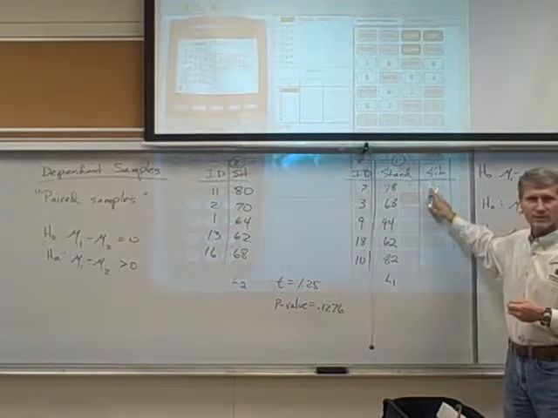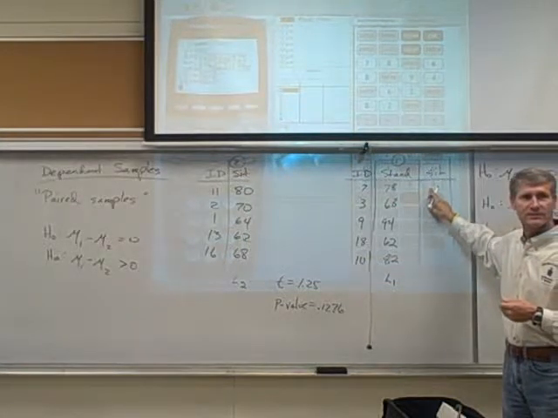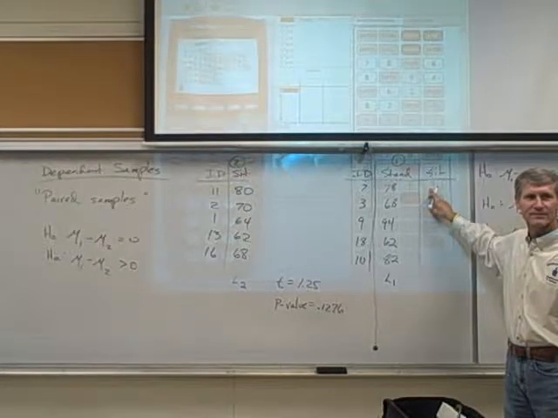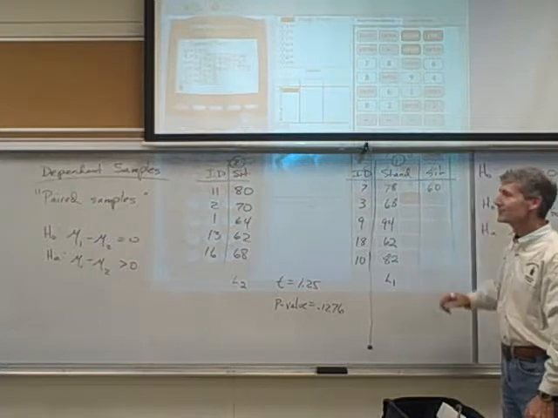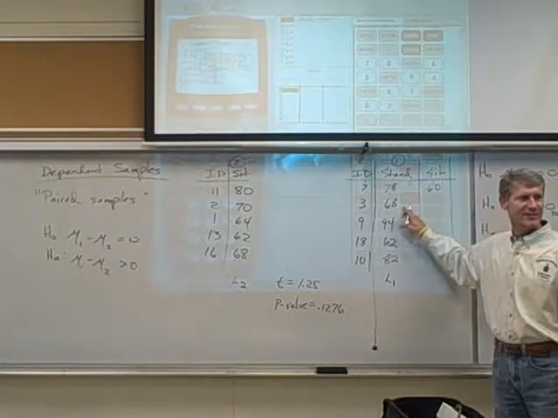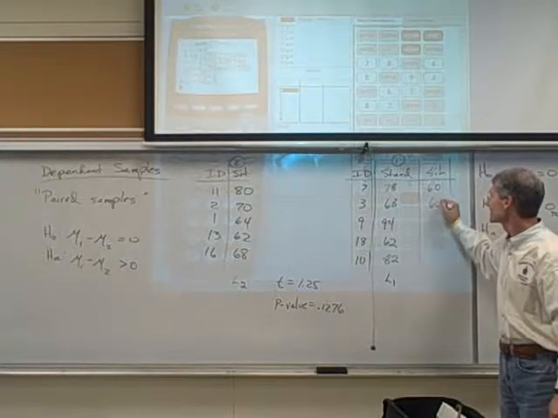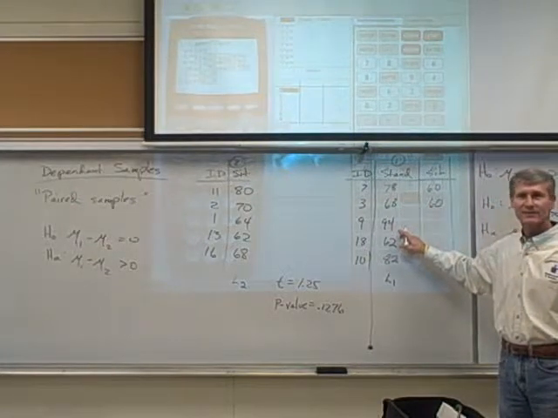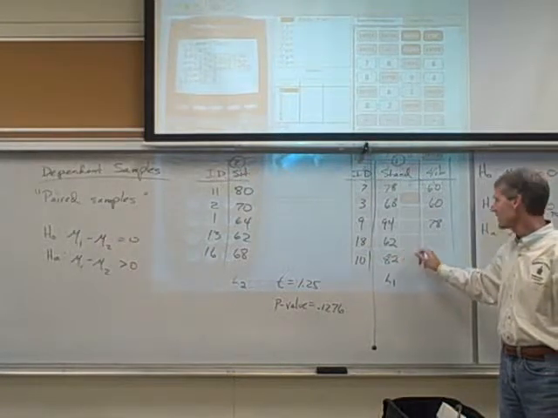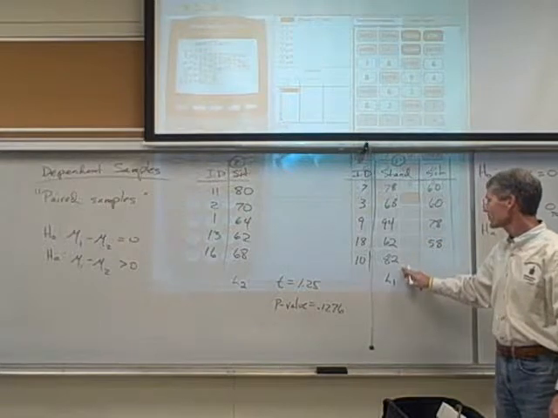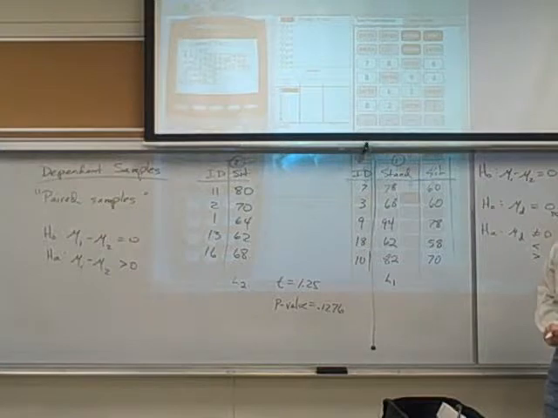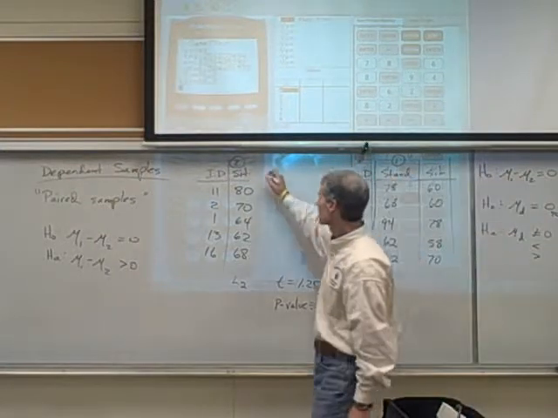Person number 7, what was your heart rate? 60. Person number 3, 60. Person number 9, 78. Person number 18, 58. Person number 10, 70. Like that? Okay? Now we'll come over and get this other one.